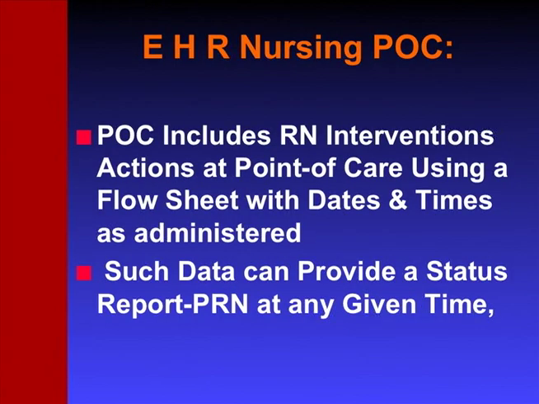Remember, the intervention actions should be recorded at the point of care using a flow sheet with dates and times as the nurse administers them. This ensures that the POC can be used to provide a status report at any given time.